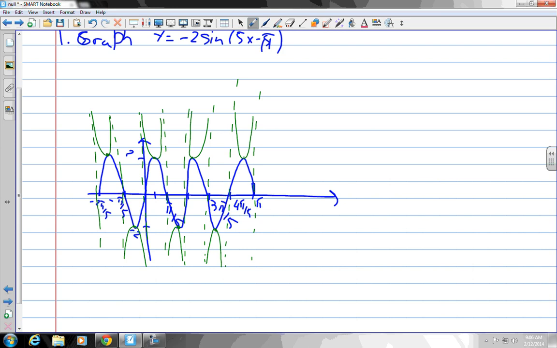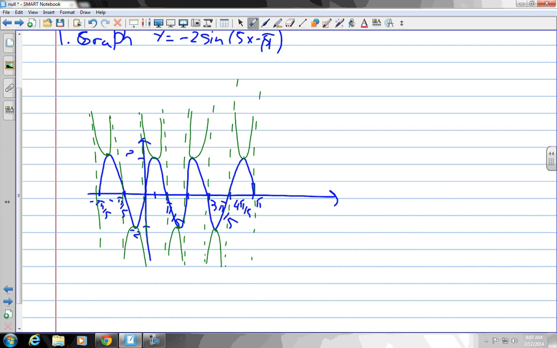The way you graph those cosecants and secants, you first graph sine and cosine with the same exact amplitude and the shifts and all that. And then you just draw those little, you can call them parabolas, because they're parabola-looking things. Okay?